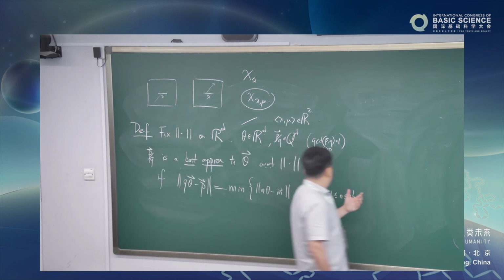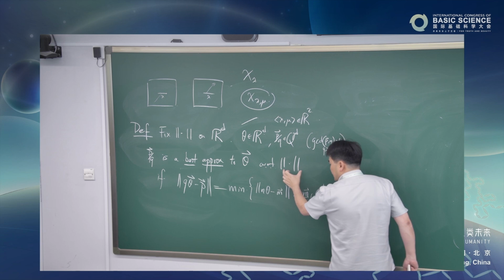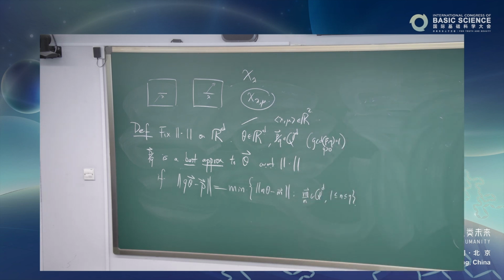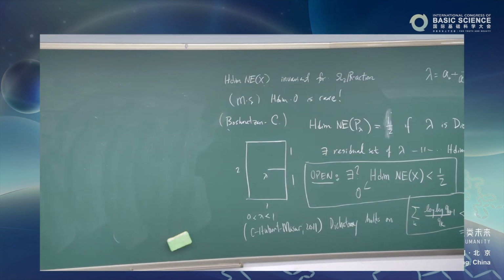But in higher dimensions, it depends on the choice of norm. So you would have to ask, if I generalize this to the vector situation, which norm should I pick for this to be true? It turns out it doesn't depend on the choice of norm, but that's a corollary of our result.